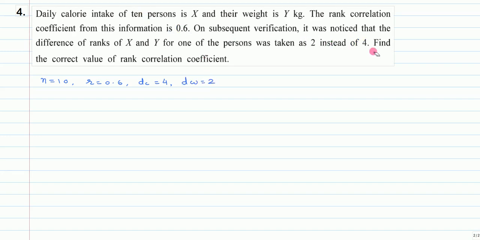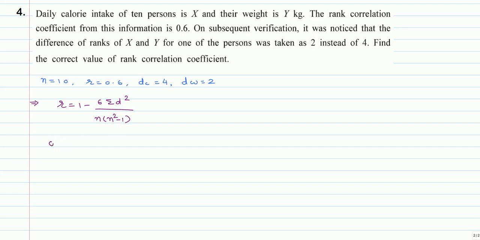So first of all, in order to find the correct value of R, we have to find the correct value of sigma D square. First find out the wrong value of sigma D square. R equals 1 minus 6 sigma D square upon n of n square minus 1.